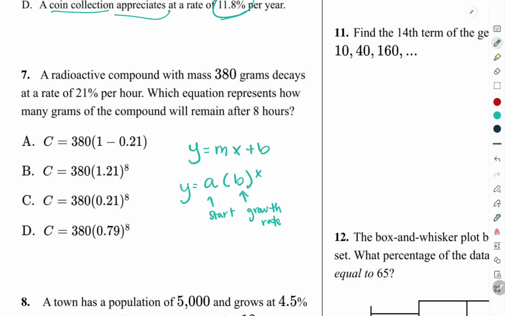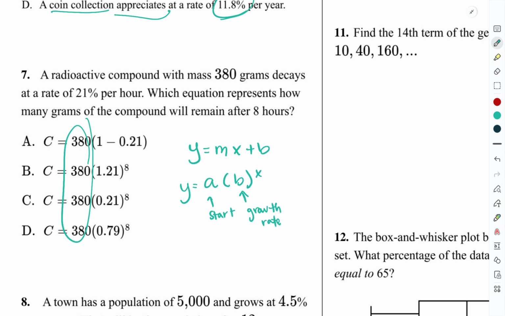So a radioactive compound with mass 380 grams, so that's my starting, so they're all 380, decays at a rate of 21% per hour. Which equation represents how many grams after 8 hours?